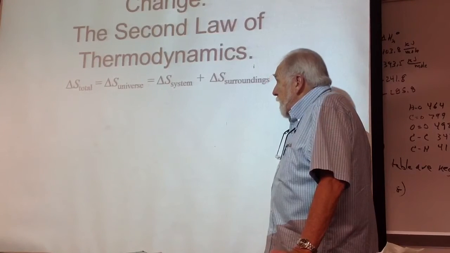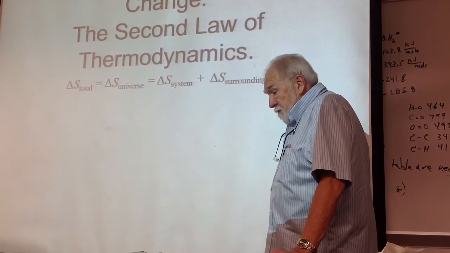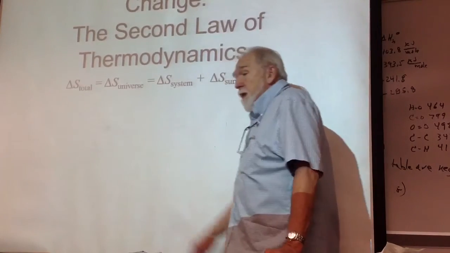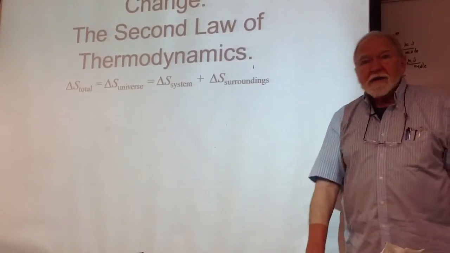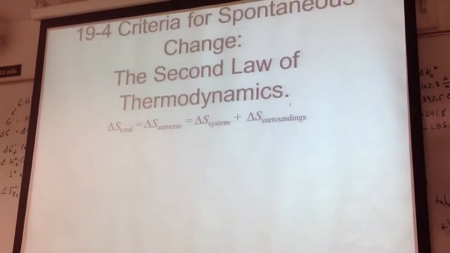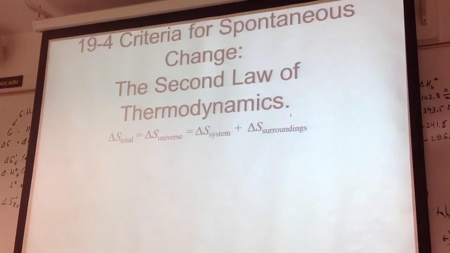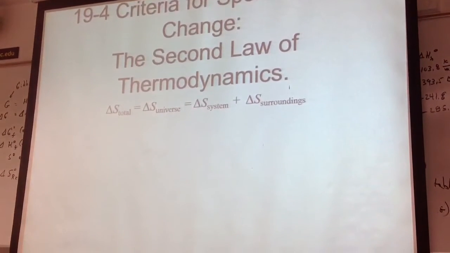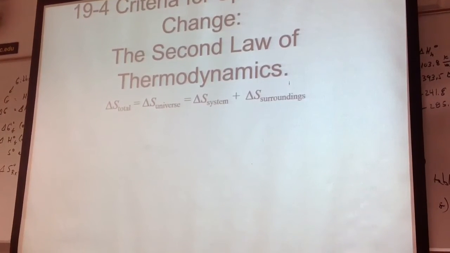Okay? And if it's a spontaneous process, if something's happening, this will be a positive number. In fact, this can only be a positive number. Because either nothing's happening, in which case delta S is 0, or something's happening, delta S for the universe is positive. Second law of thermodynamics.